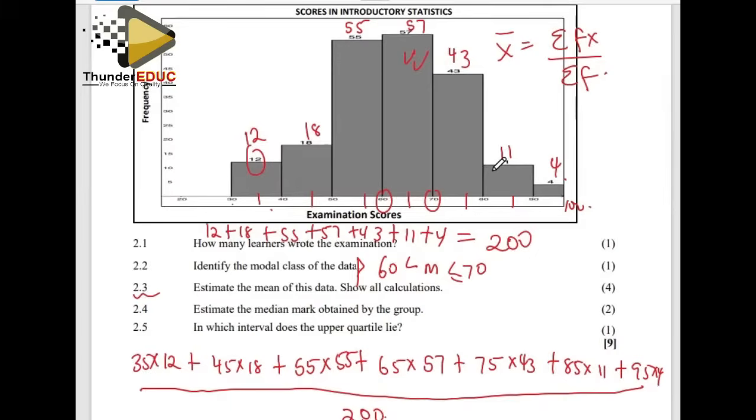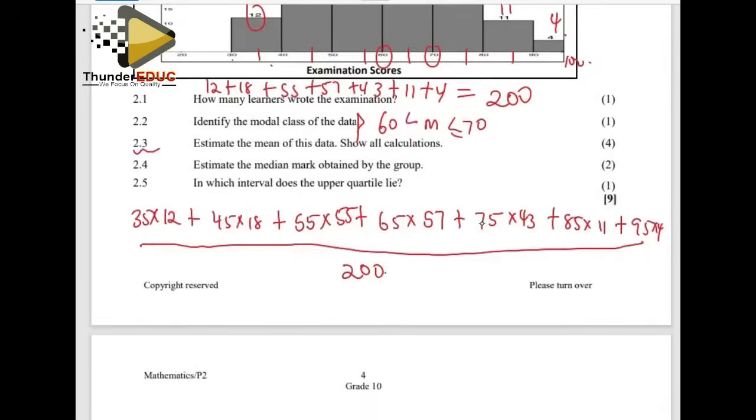We're dividing this by 200. So I'm getting 62,5 as my answer. Okay, that's 62,5. You can draw the table and get the intervals, find the frequency, midpoint, and all of that, but I prefer to use this.